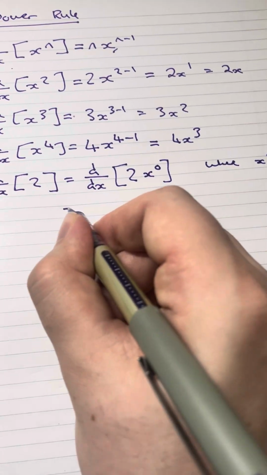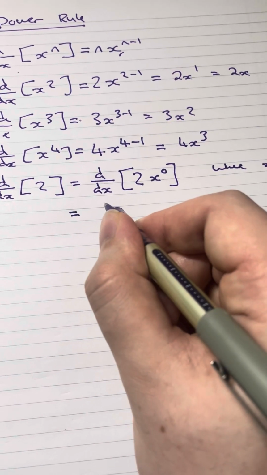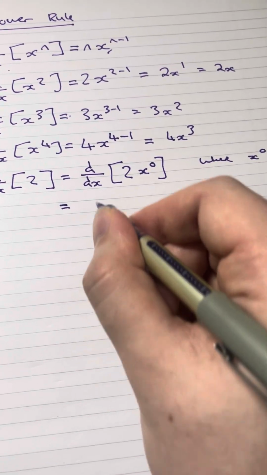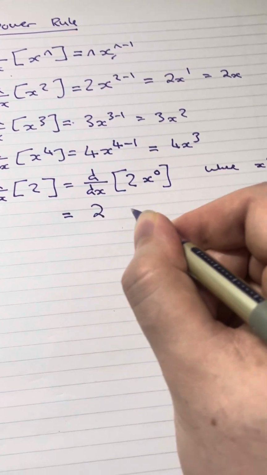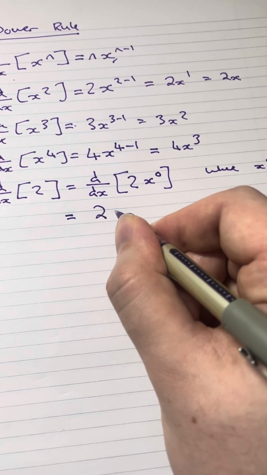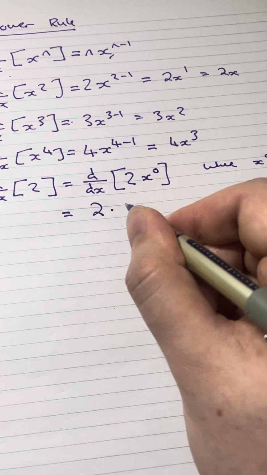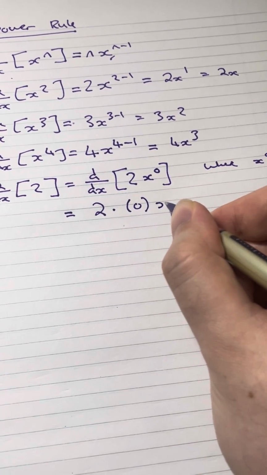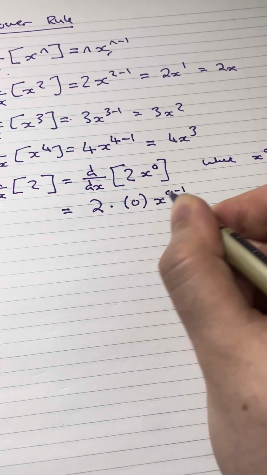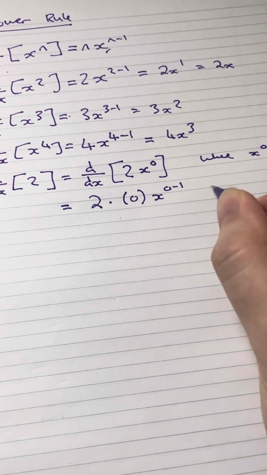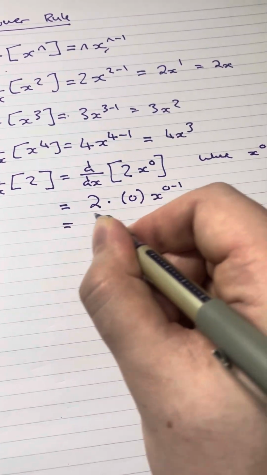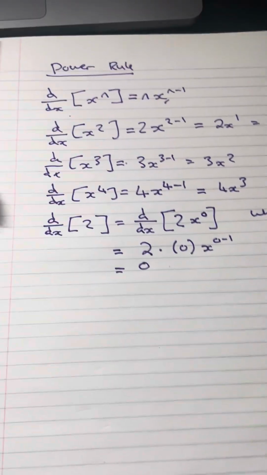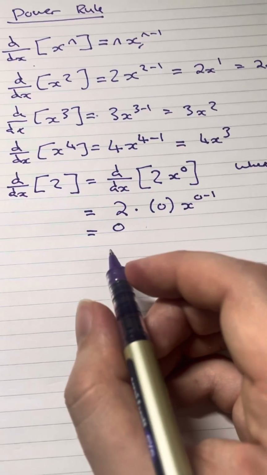So this is equal to 2 times 0 times x to the 0 minus 1. Because this is 0, the whole equation just falls to 0. So that's why a constant using the power rule equals 0.